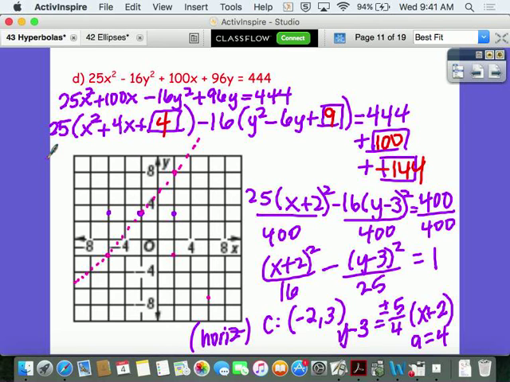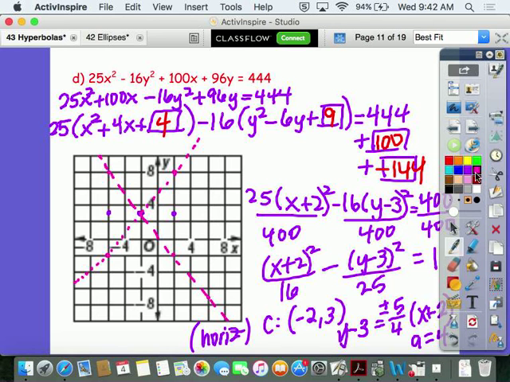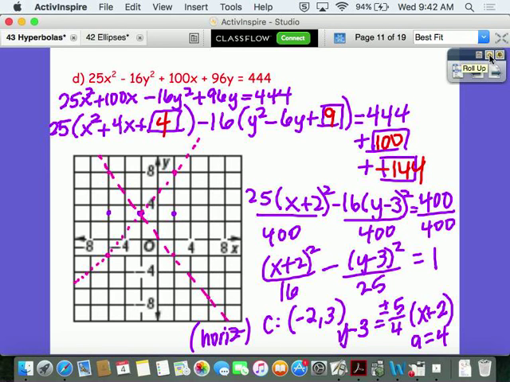Or up 5 and then back to the left 4. Drop my branches. All right.